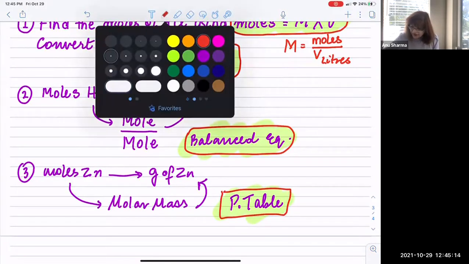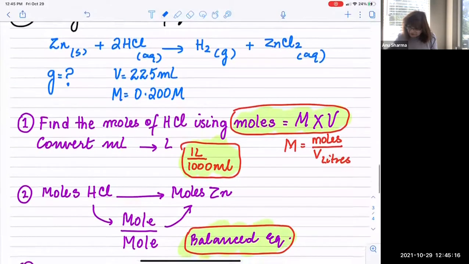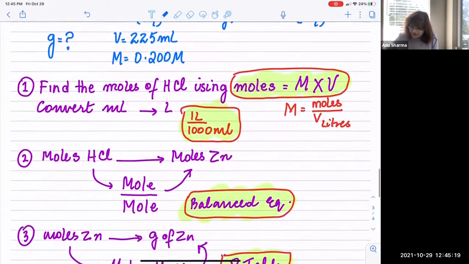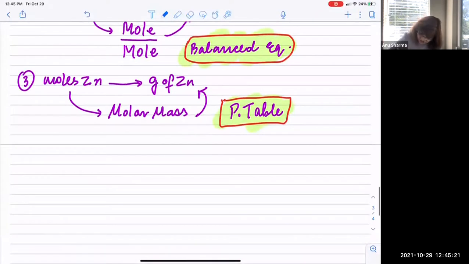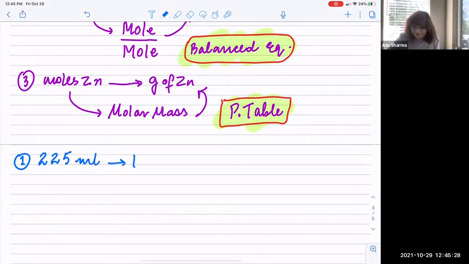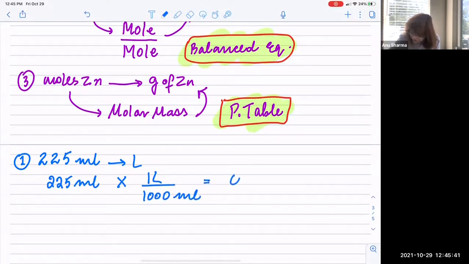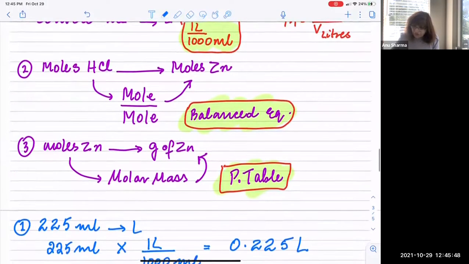First, convert 225 milliliters to liters. So 225 milliliters times 1 liter over 1000 milliliters gives you 0.225 liters. Next, we need to find the moles of HCl.